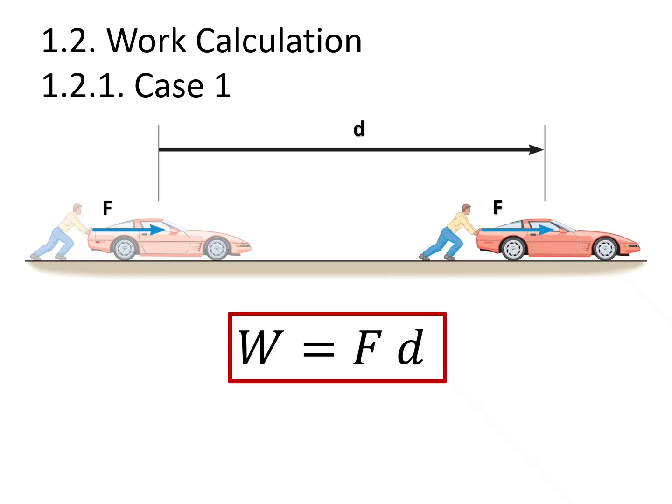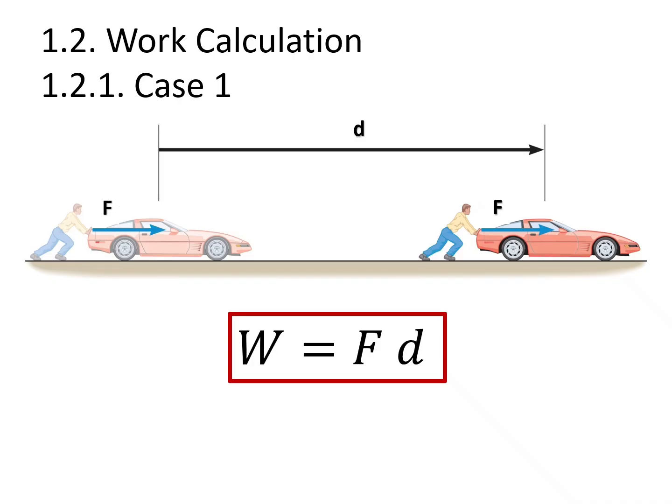Let us also think about the units. If the force is measured in newtons and the displacement is measured in meters, the work is measured in Newton meters, which we call joules. For example, if a 10 Newton force pushes an object 3 meters in the same direction as the force, the work is 10 times 3, or 30 joules.